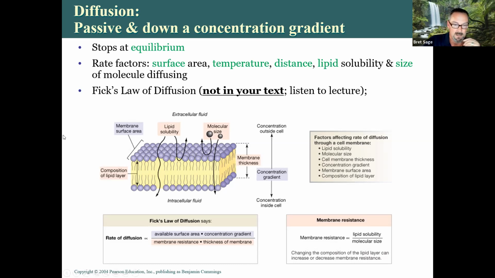Okay. What we're talking about with Fick's law is a fraction. If you remember, there's a numerator on top and a denominator on the bottom. What is going to happen with the body is it wants to make everything on the bottom small and everything on the top large.